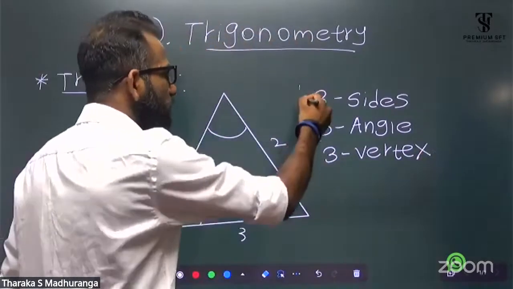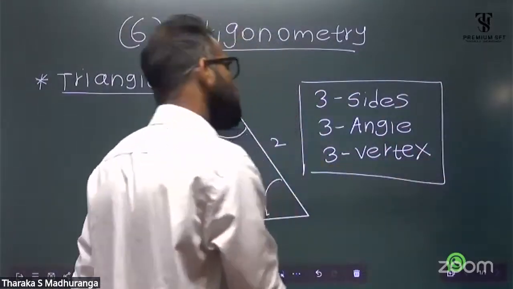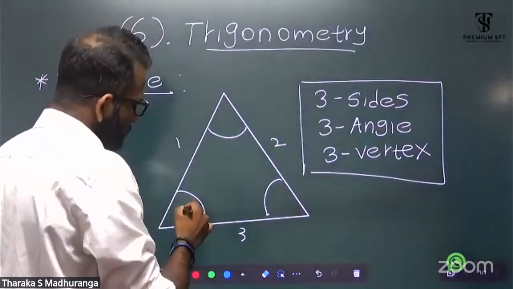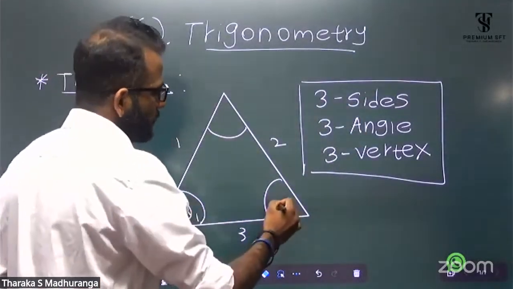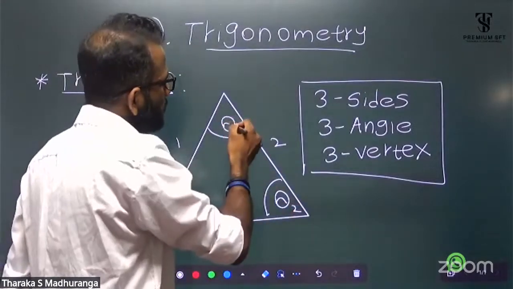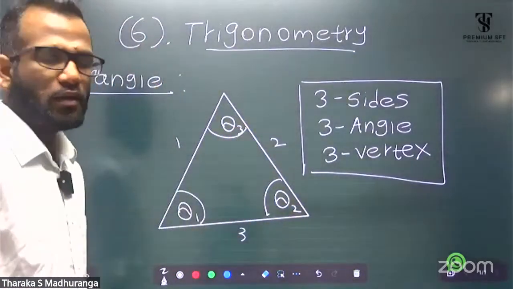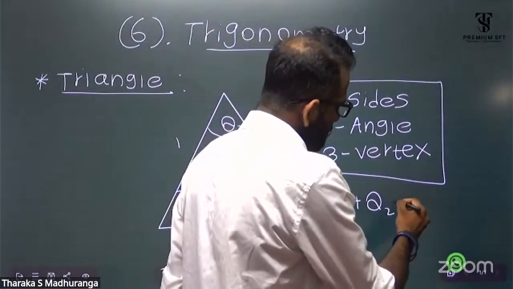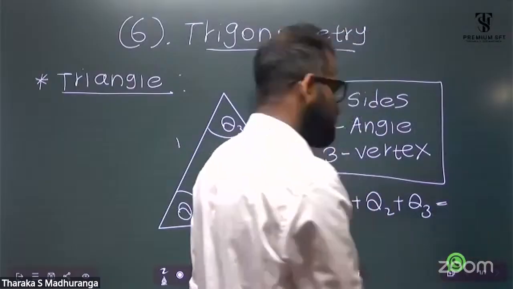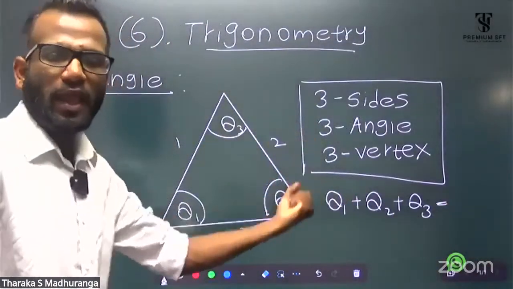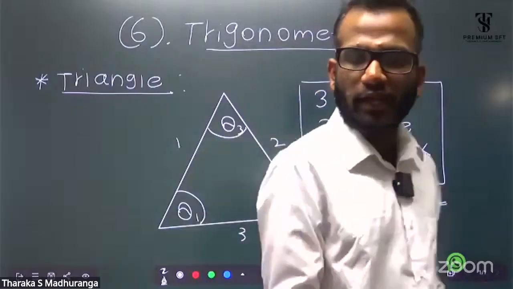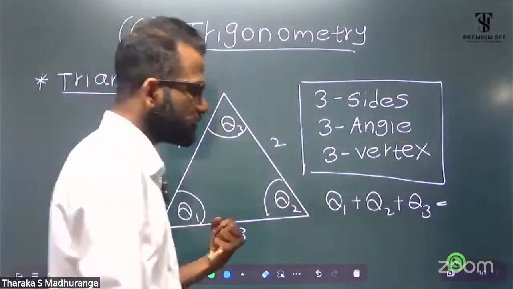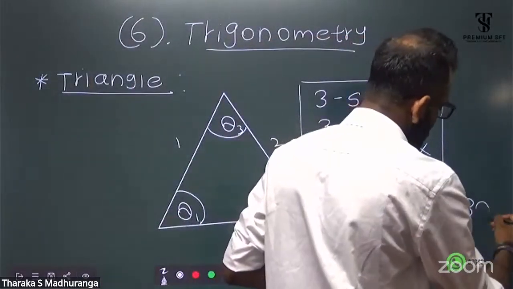Okay, this is the definition of a triangle. If this is theta 1, this is theta 2, theta 3, then theta 1 plus theta 2 plus theta 3, what is the value? The summation of all angles in any triangle, what's the value? It's 180 degrees, very simple.